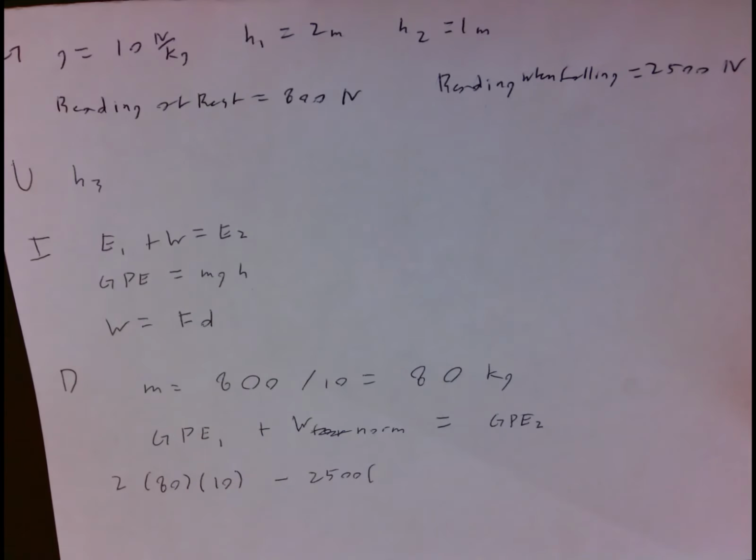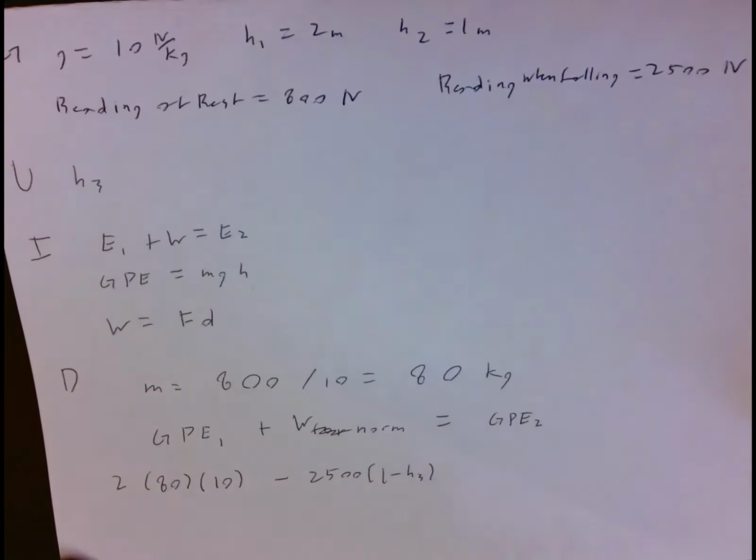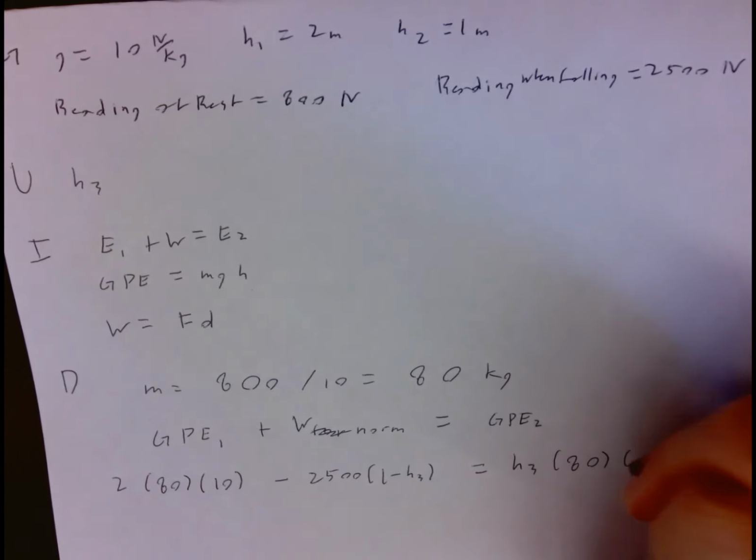And so displacement here is going to be 1 minus h3, because MJ starts touching the scale at 1 meter, and he moves between 1 meter and h3. And so that's the time where the normal force is going to apply. And finally, GPE2 is equal to h3 times mass times g.